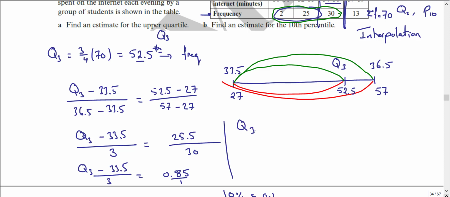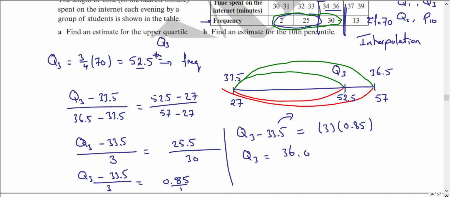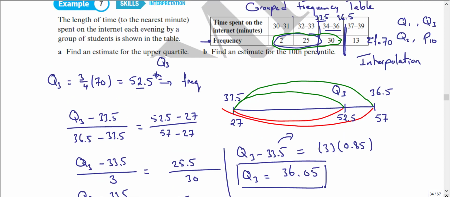So Q3 minus 33.5 equals 2.55. Very good. Move the 33.5 and change the sign to the other side. So Q3 will be 33.5 add 2.55, that's 36.05. This is Q3. Did you get what I did here? Yes, sir. I hope so, inshallah.